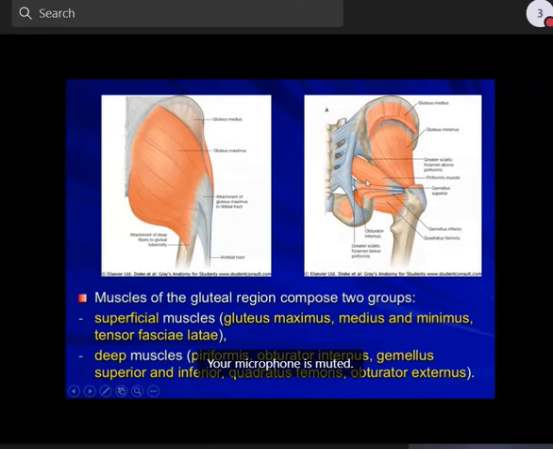So only the piriformis projects above the fulcrum. So the piriformis abducts the hip. All remaining muscles project below the fulcrum and so adduct the hip.